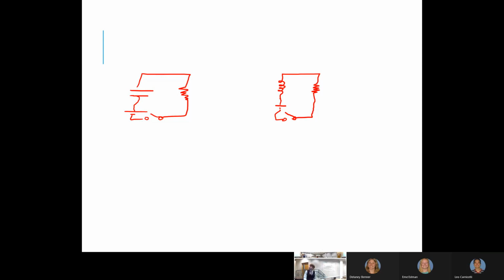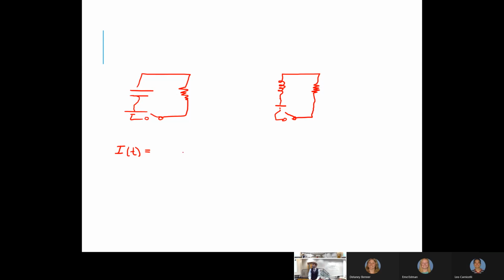Now, to remind you, for the charging capacitor, the current as a function of time was something like, a charging capacitor initially acts like a wire and ends up acting like a break. So at long times, I should get zero.